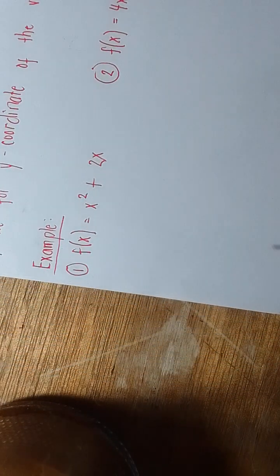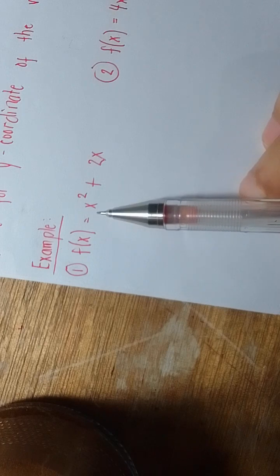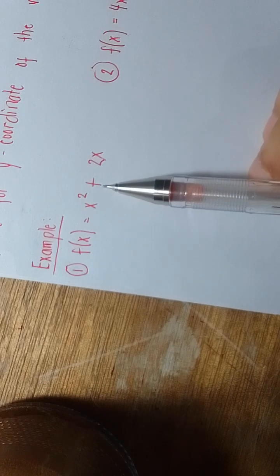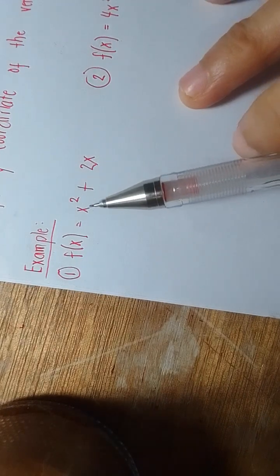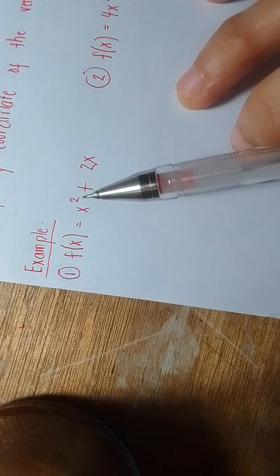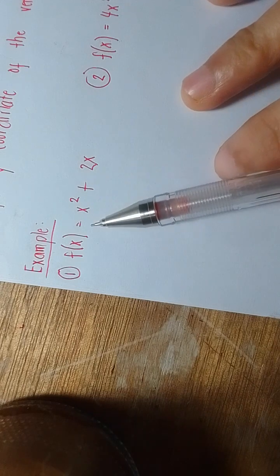Number 1, we have f of x is equal to x squared plus 2x. First thing you have to check is if a given equation is naka-standard form ba. So, looking at this equation, yes, obviously, naka-standard form na siya.